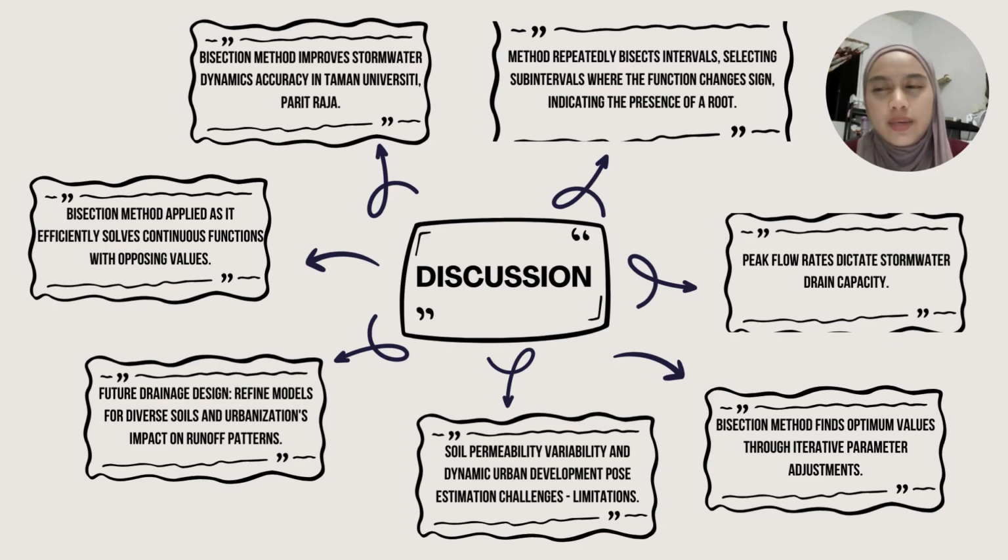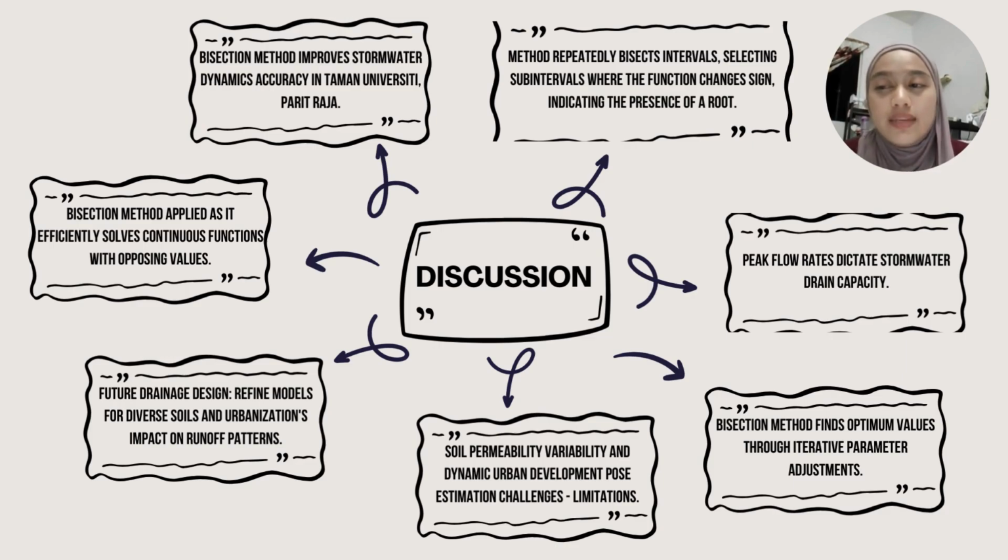The method repeatedly bisects the interval defined by these numbers, then selects the subinterval where the function changes sign, suggesting that it must have a root. The bisection method helps to find the optimum value by an iterative design process, adjusting the parameters.